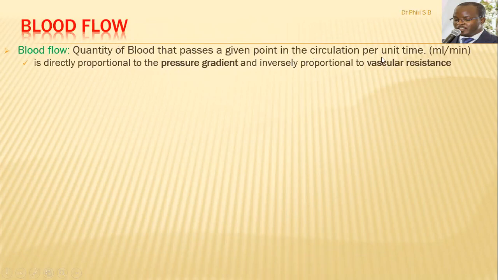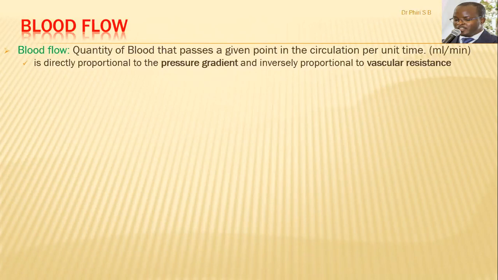If you have an increase in vascular resistance, you're going to have a decrease in blood flow, which makes sense because the vascular resistance is mainly determined by the radius or the diameter of the blood vessels. So the major factor of vascular resistance is the diameter or the radius of the blood vessels.